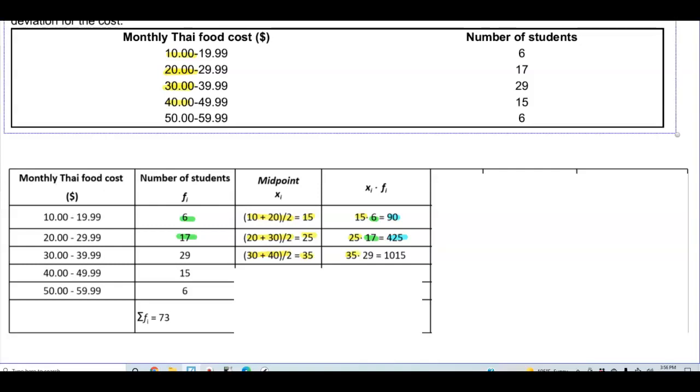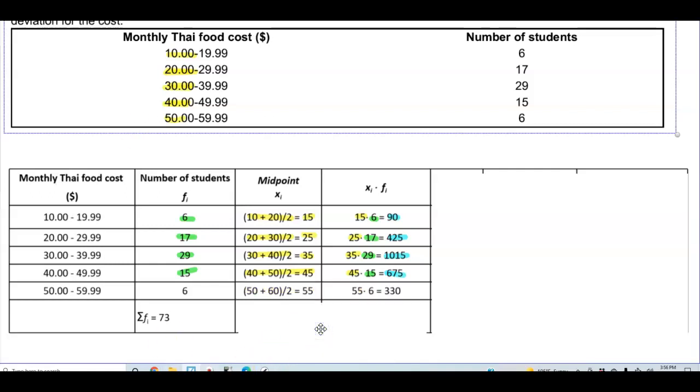We multiply 35 by the frequency of 29 to get 1015. The next midpoint is between 40 and 50. So 40 plus 50 divided by 2 is equal to 45. We multiply it by the frequency of 15 to get the total of 675.